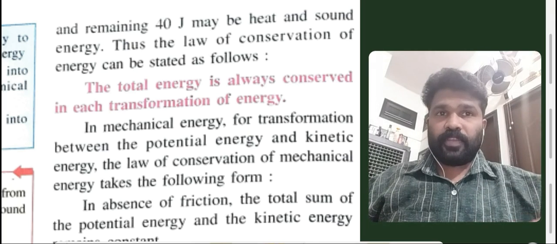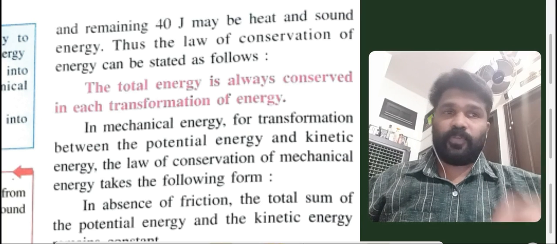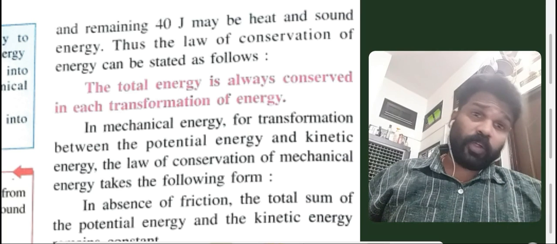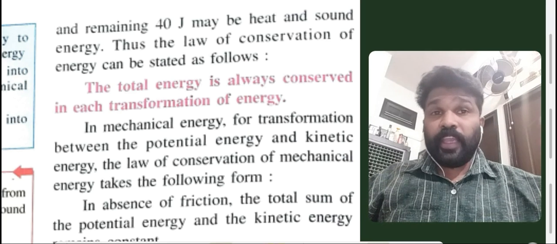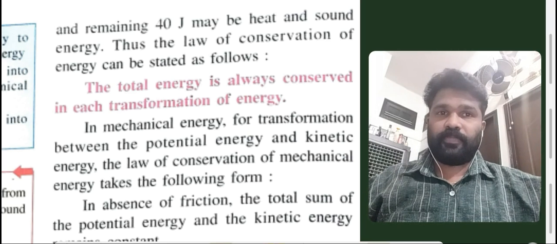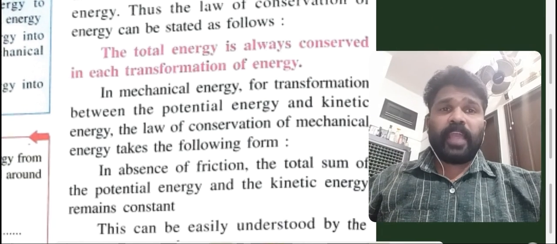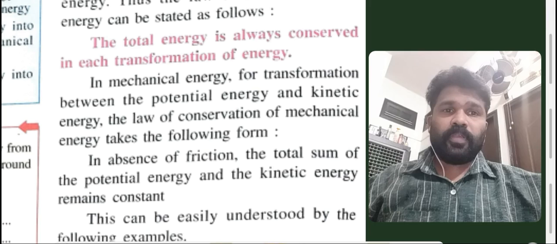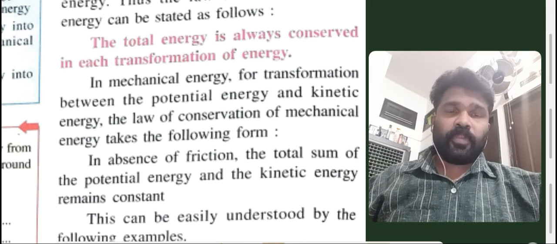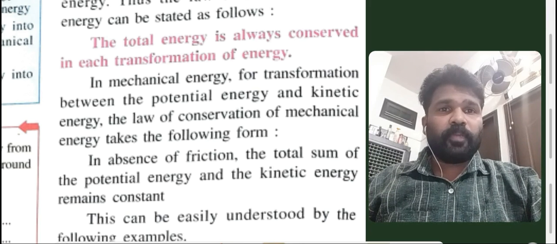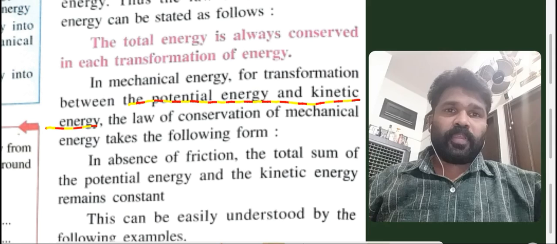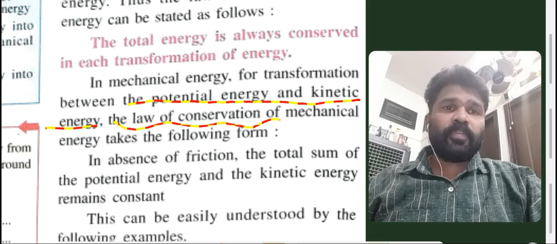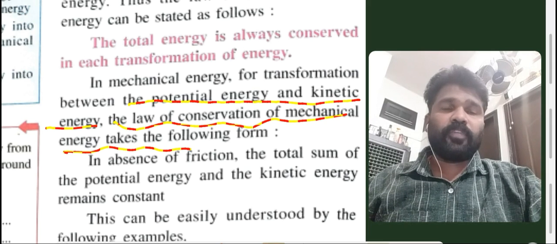Thus, the law of conservation of energy can be stated as follows. The total energy is always conserved in each transformation of energy. In mechanical energy, for transformation between potential and kinetic energy, the law of conservation of mechanical energy takes the following form.